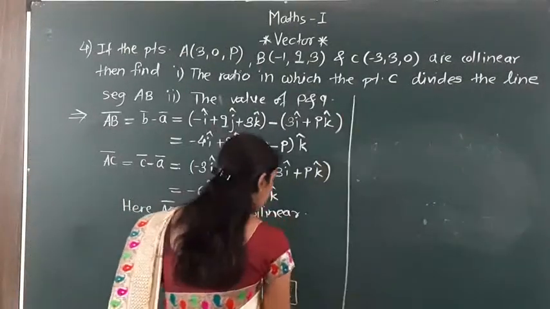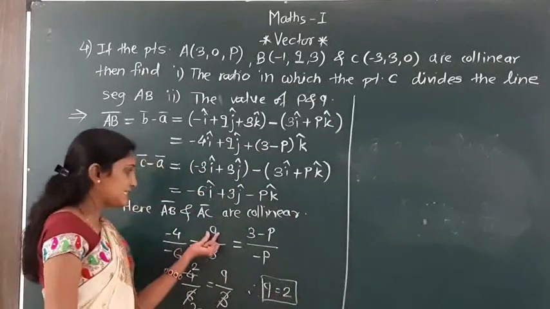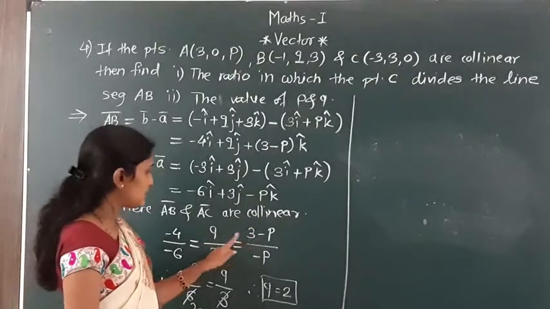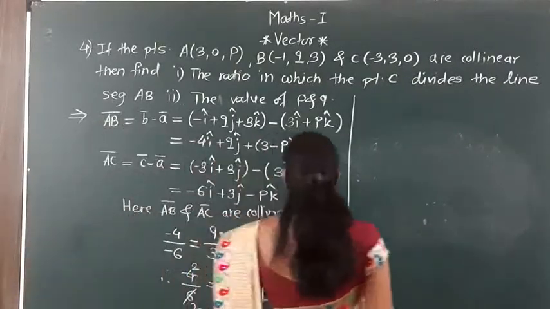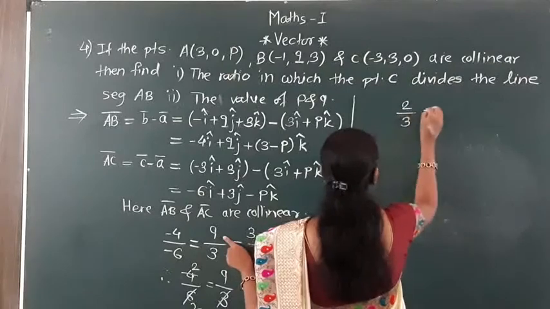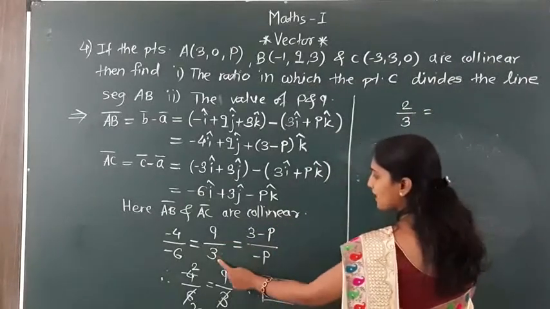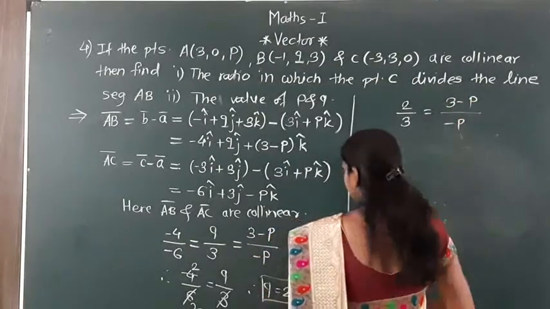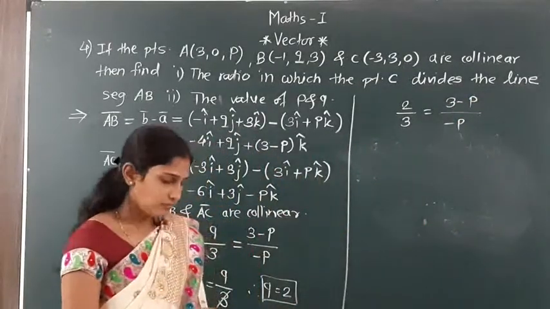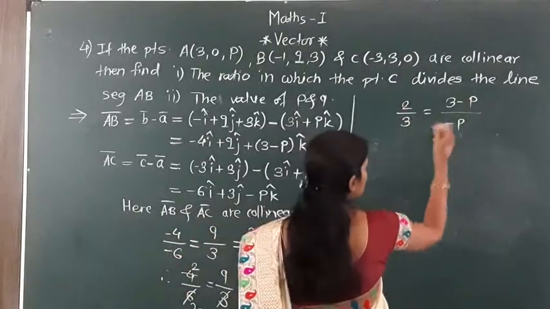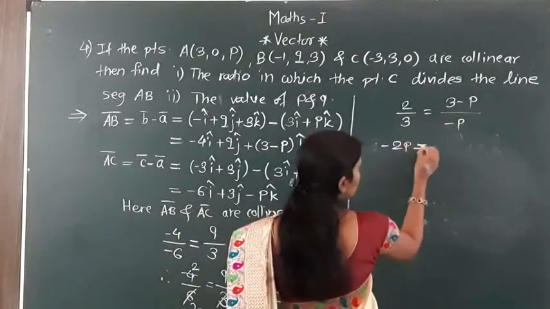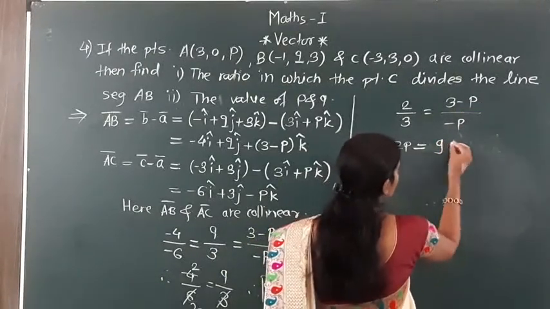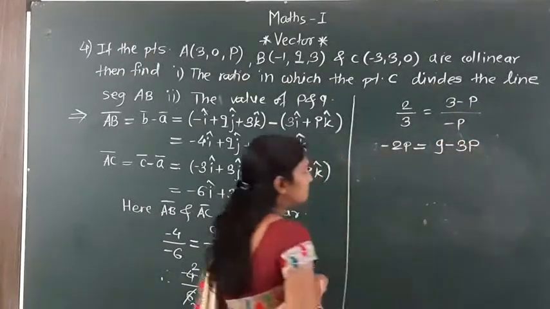Now we use q is equal to 2 in the other two ratios. Here we have 2 by 3, since the value of q is 2. So 2 by 3 is equal to 3 minus p divided by minus p. Cross multiplying, minus 2p is equal to 3 into 3 minus p, that is 9 minus 3p.